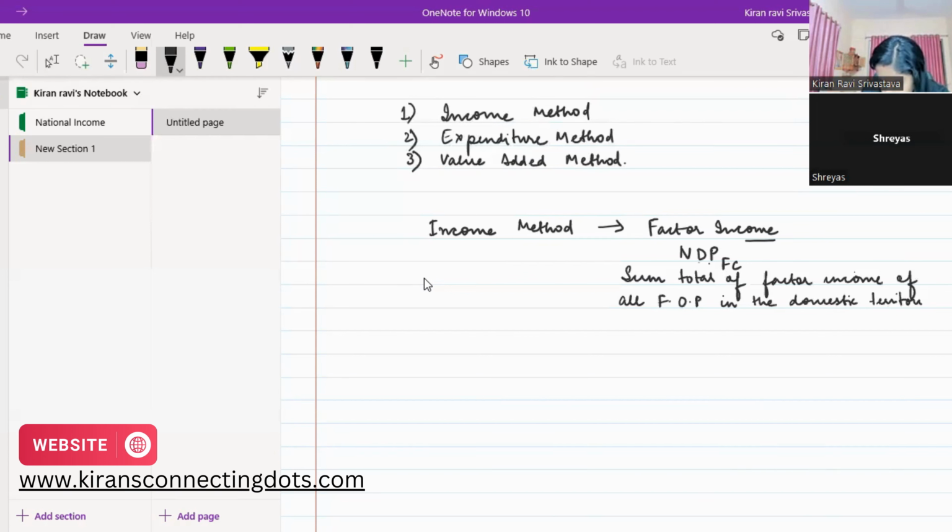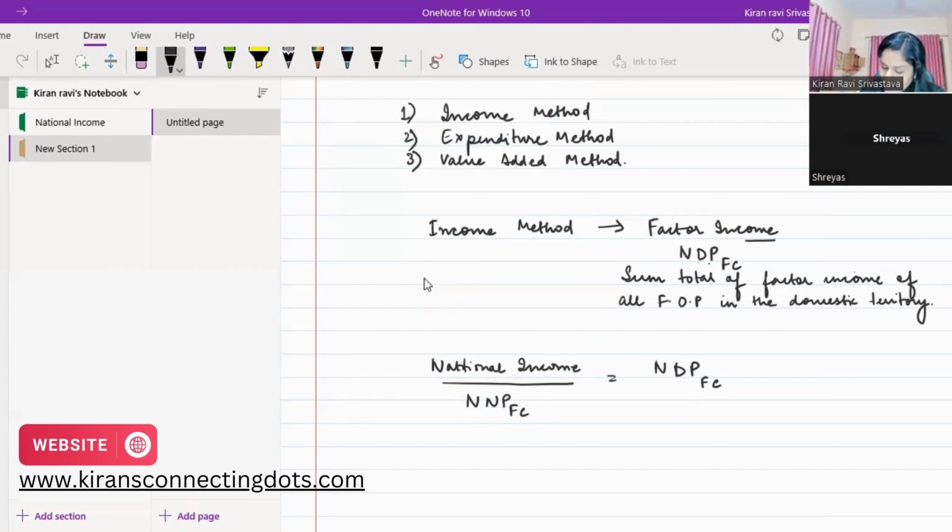You need not write it because I will be sharing the PDF of notes, so you will be saving your time. Now, if I have to find out national income, we know that national income is also called NNPFC. And through the income method, if I find out NDPFC, can it be converted to NNPFC?